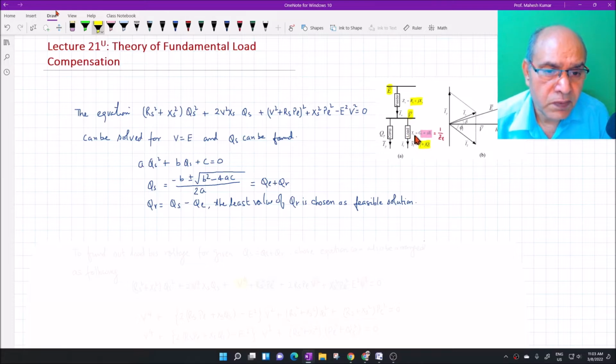Now the reactive power has to be compensated in such a way that either we get a desired power factor at this bus here, or we get a regulated bus voltage at this bus. So there are two important aspects of the compensation. Number one, the power factor control. Number two, the voltage regulation at the load bus.